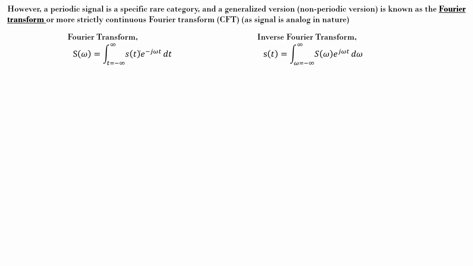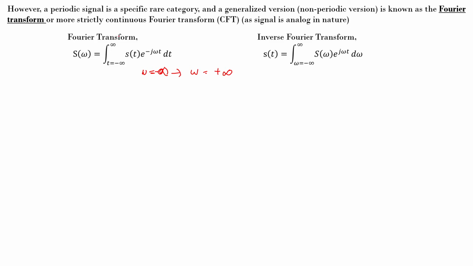This is your S of t, which is a continuous signal, and e raised to minus j omega t. Here it's very easy for you to understand omega. Basically this is for each omega. S of omega is your Fourier coefficient, those Cn, Bn values that we were talking about. You change omega, you start from omega equal to 0, or rather, in the ideal case, from omega equal to minus infinity to omega equal to plus infinity, in whatever resolution you want.